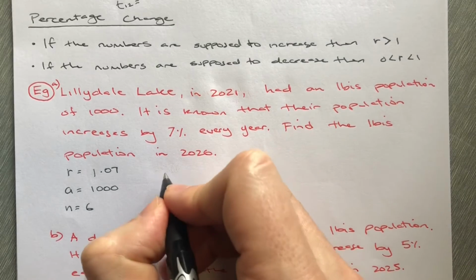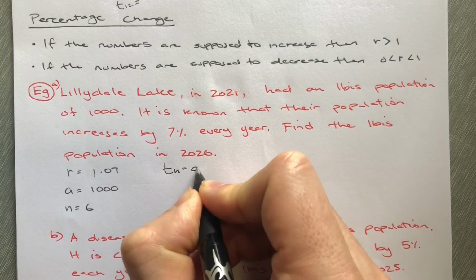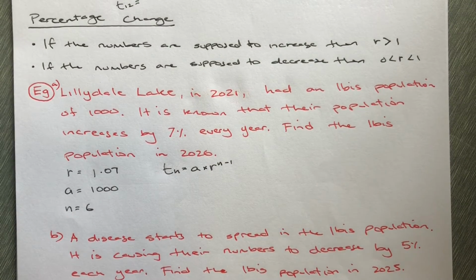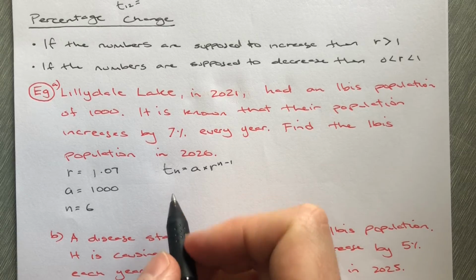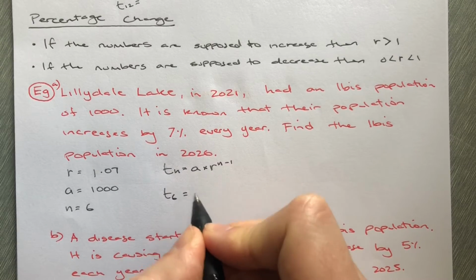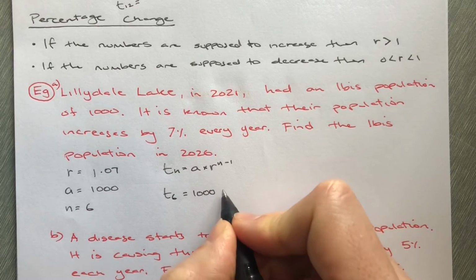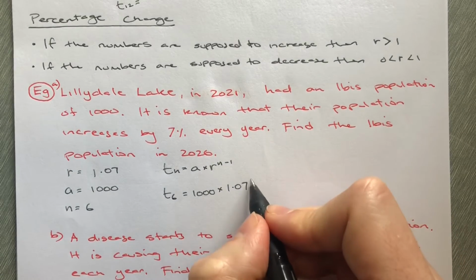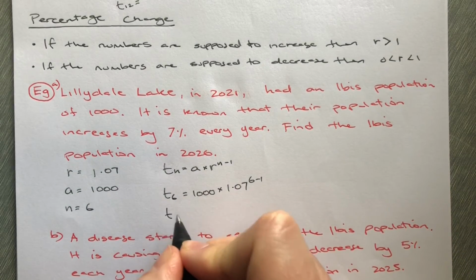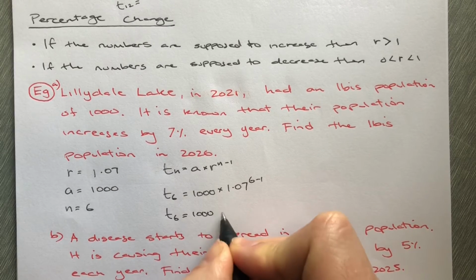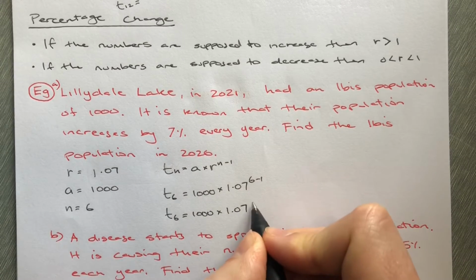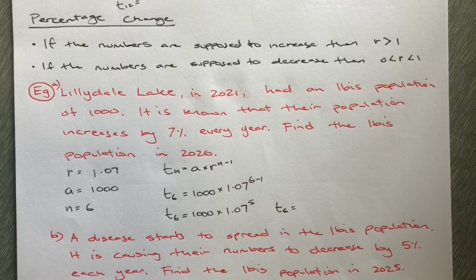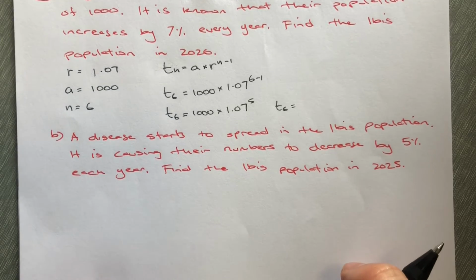The formula is Tn equals A times R to the power of n minus 1. So we want the 6th term, started with 1,000, times 1.07 to the power of n minus 1. So that's 6 minus 1, which is 5. You could enter this into your calculator, and it should give you the answer, which I'll come back to in a second. All right, let's go to the next one, B.